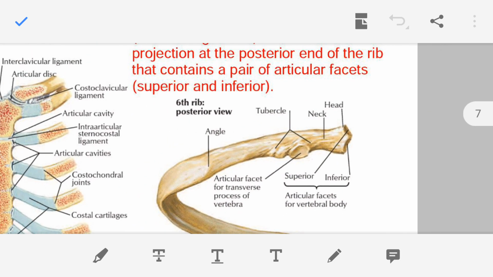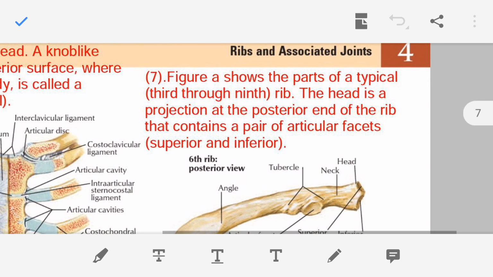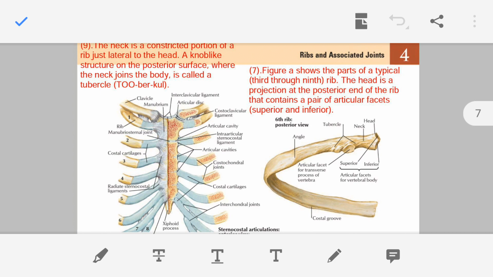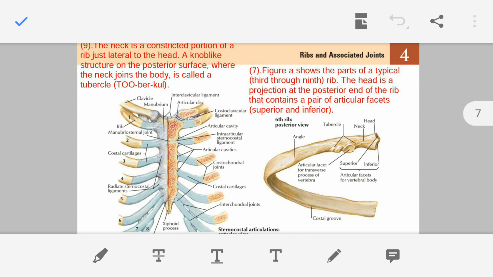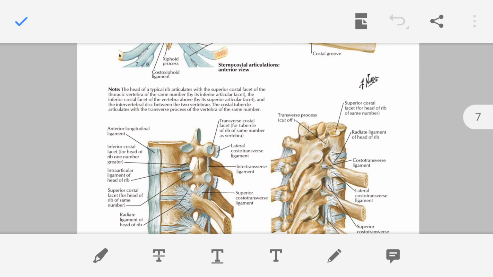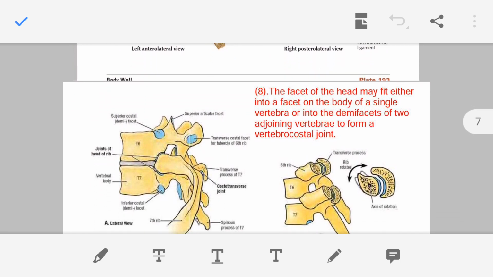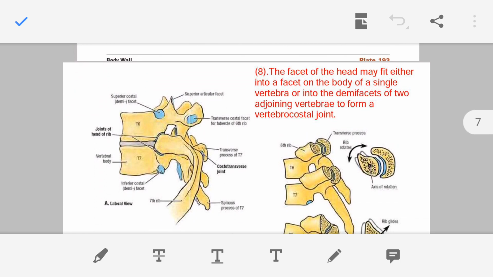Okay, so this is the meaning of the seventh point. You can go through this point and observe this figure of the rib and go through all the names. Okay, now moving on to the eighth point of our discussion.